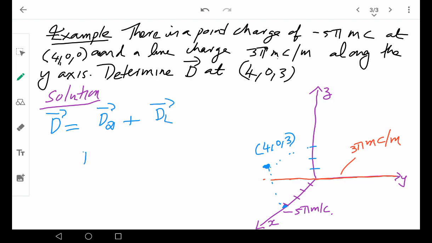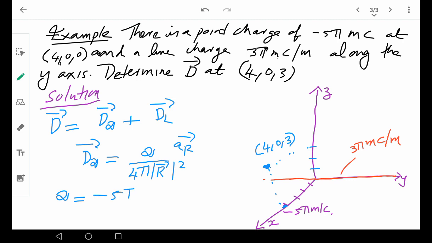The equation for D_Q, as you know, is Q by 4π R squared aR. Now you know Q equal to minus 5π millicoulomb. What is R?